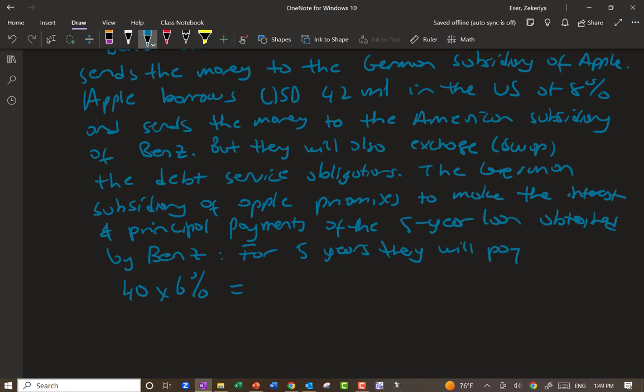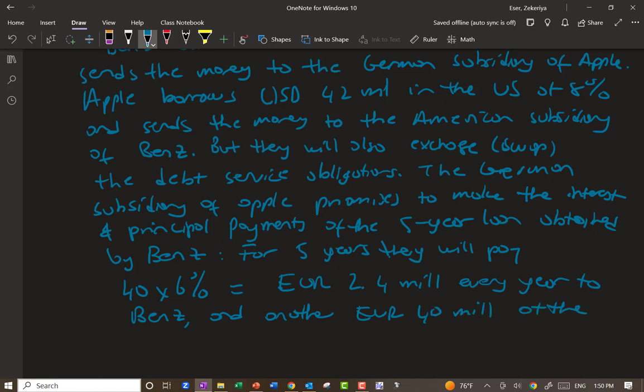That would be 2.4 million euros every year to Benz and another 40 million euros at the end of 5 years. Of course, they're not doing this out of the goodness of their heart.